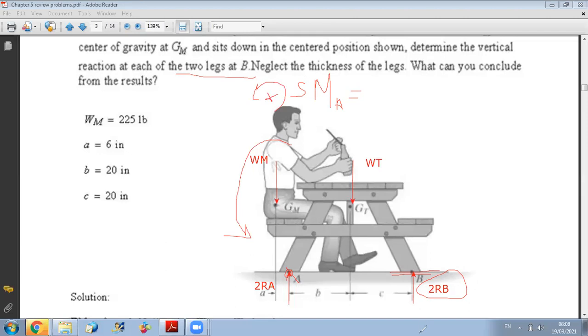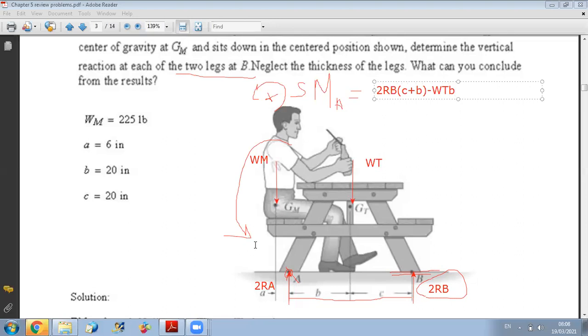So I have first for the 2RB force, I multiply by this distance, which is C plus B. So I have 2RB times C plus B. This is the moment of RB. Now, the weight of the table is doing a clockwise moment about A, and I multiply by distance B, so minus Wt times B. And finally, I have the weight of the man.